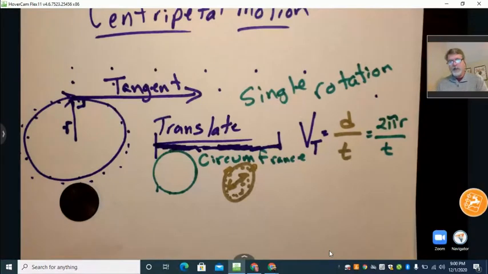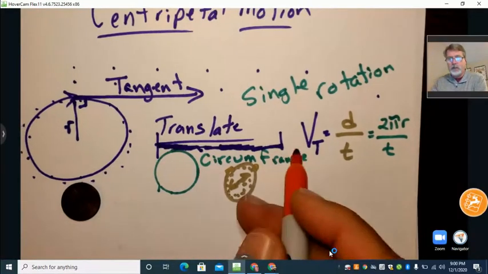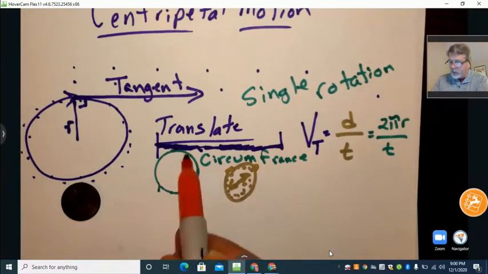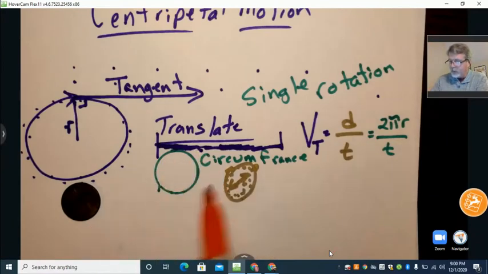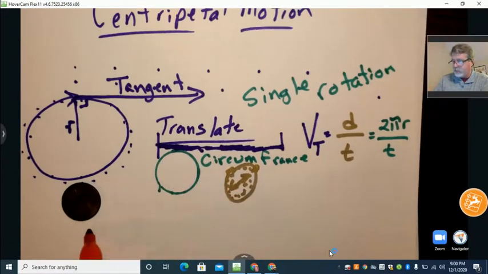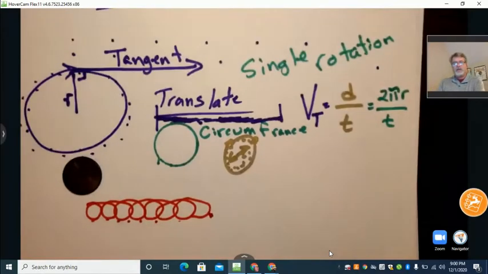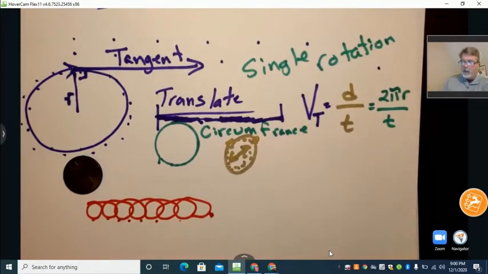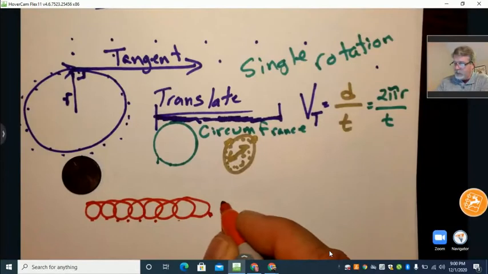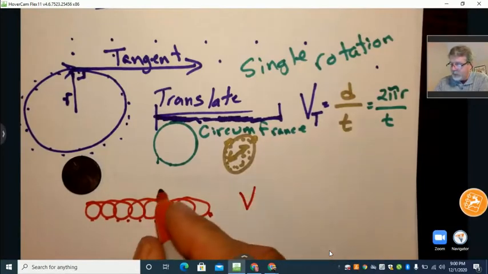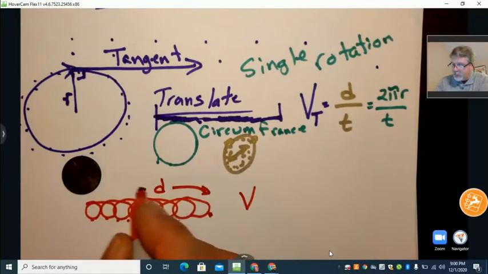Now, even if that object doesn't translate its motion, so let's say it starts over here, rotates like this and ends up somewhere over here. Because of those points, it has rolled and landed somewhere over here. That's translational motion.